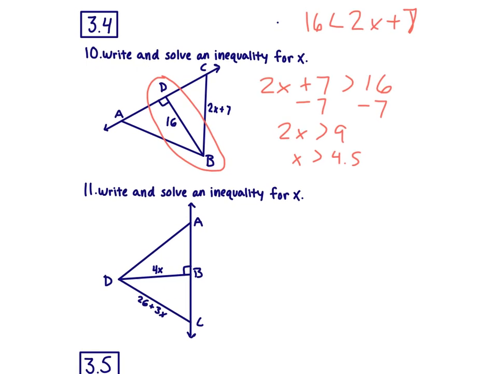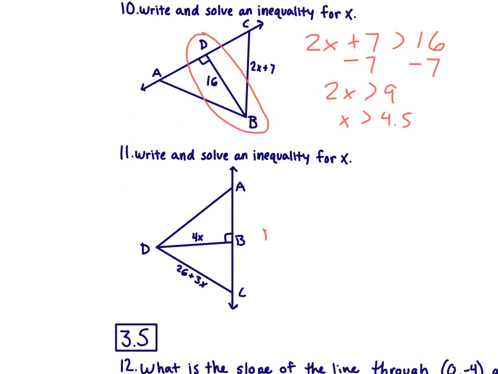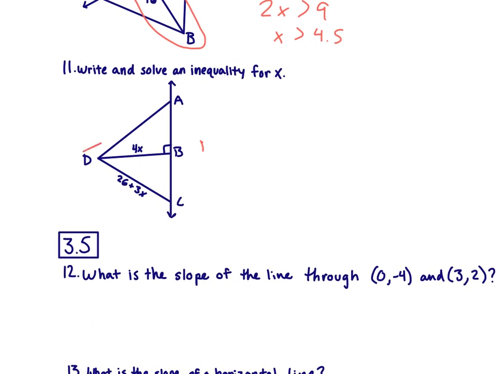Sarah, what'd you get for 11? You want to try it again? Yeah, so we know that this side here, the one that's perpendicular, is going to be less than.